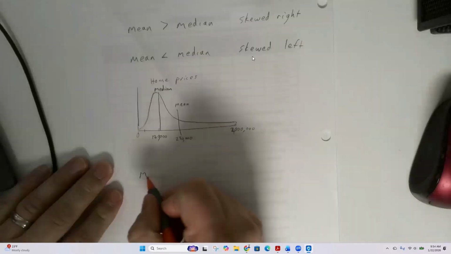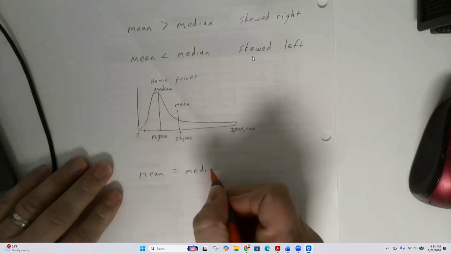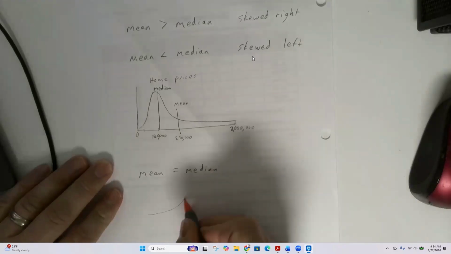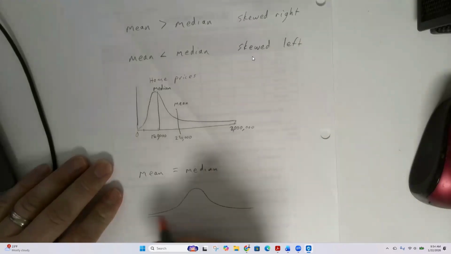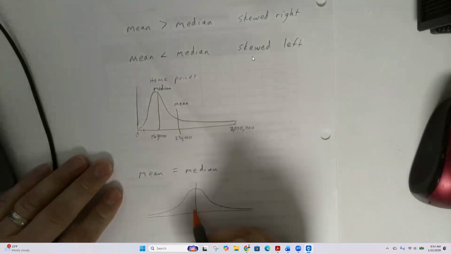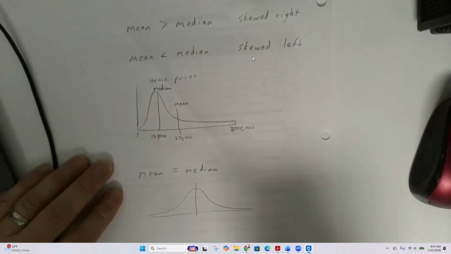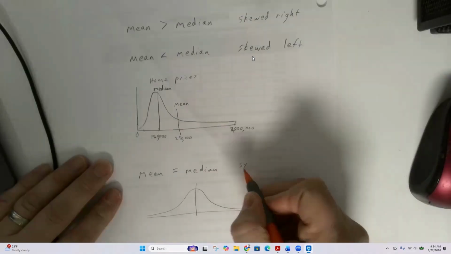If your mean is equal to your median, then you have a normal curve, which we'll be spending a lot of time talking about, where the mean and the median are the same spot, 50% on this side, 50% on this side, and every number that you add to the sum has a corresponding number that's going to be below the sum. So this would be symmetric.